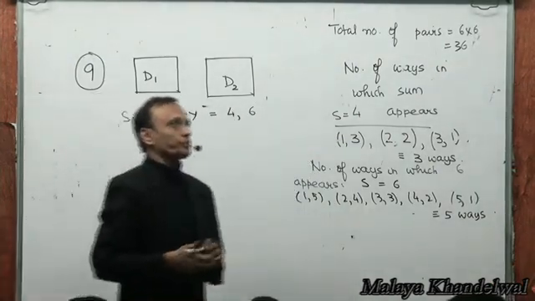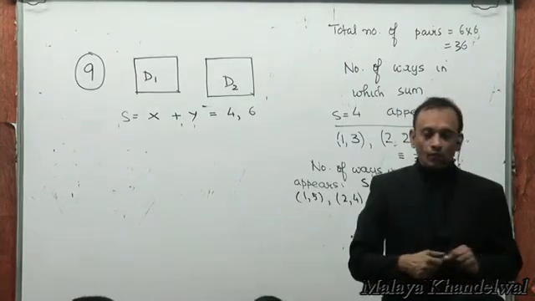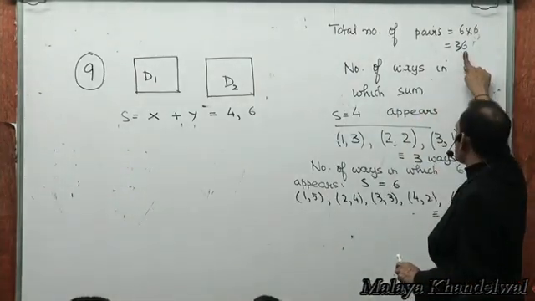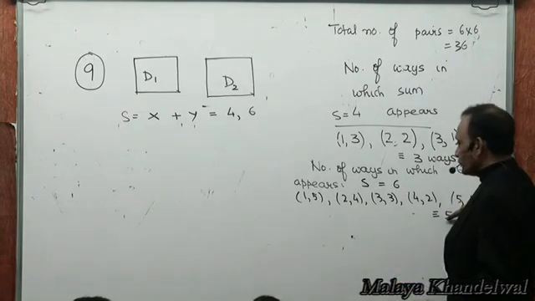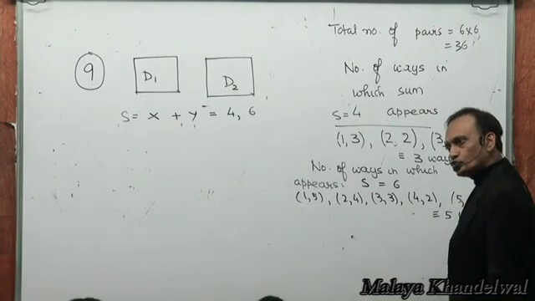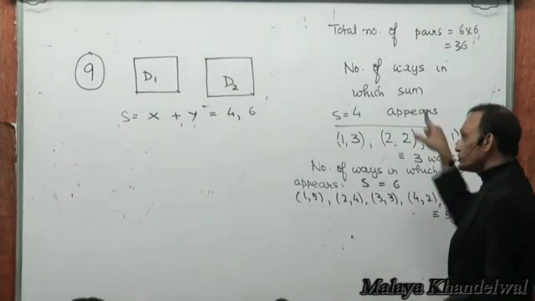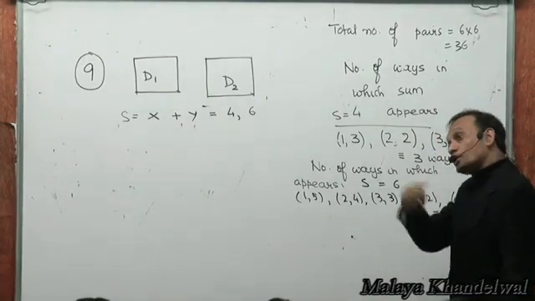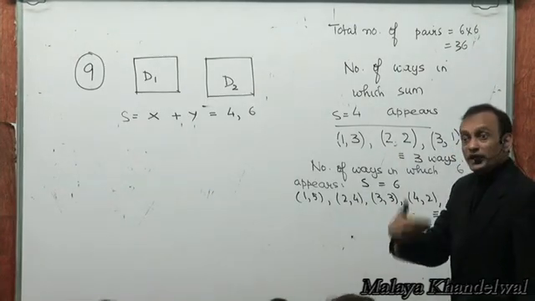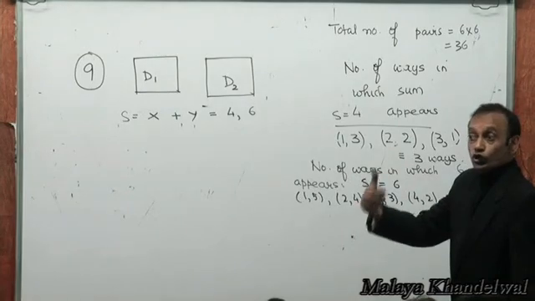Now, realize that out of these 36, 8 would be about 4 or 6. That means 28 would be about neither 4 nor 6. Right?